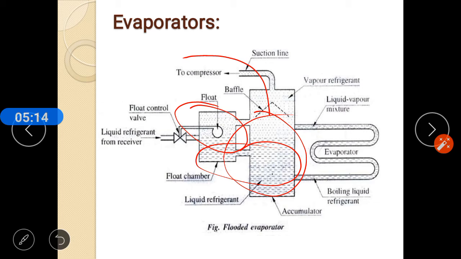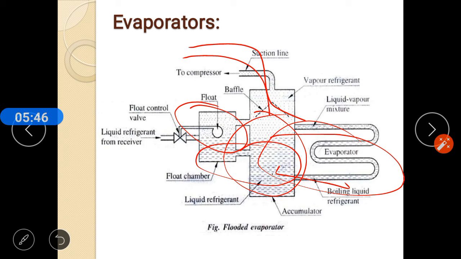The evaporator coil is connected directly to the accumulator, and the liquid flow from the accumulator to the evaporator coil is generally by gravity. The vapor formed by the vaporizing of liquid in the evaporator coil, being lighter, rises up and passes to the top of the accumulator, and from the top of the accumulator towards the compressor suction line.